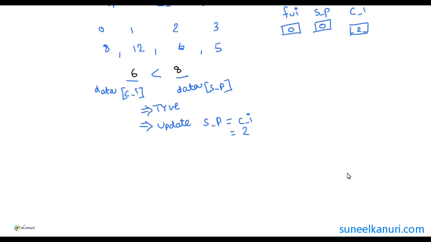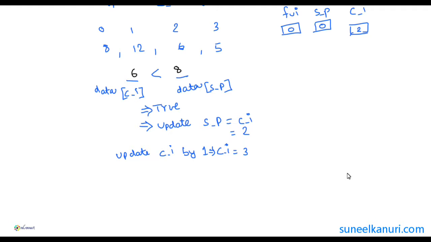And we'll do our usual, which is basically we will update C_i by 1, so that we don't make the mistake like last time, C_i is 3.